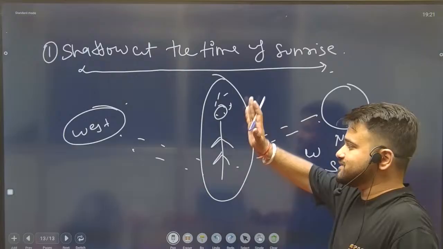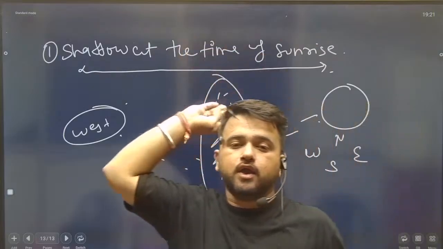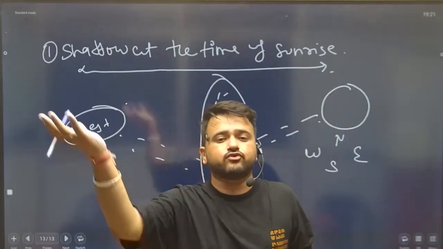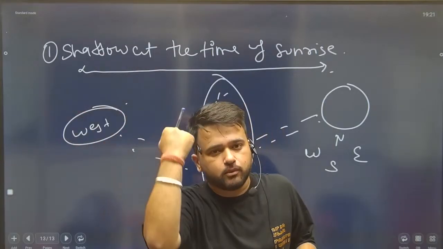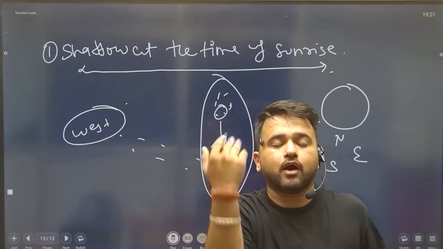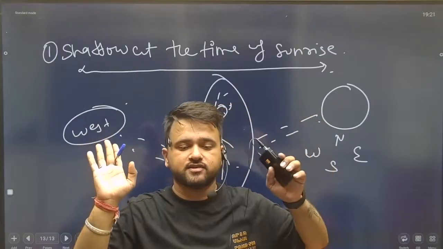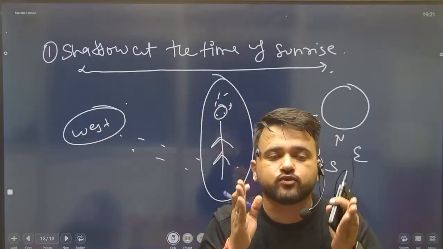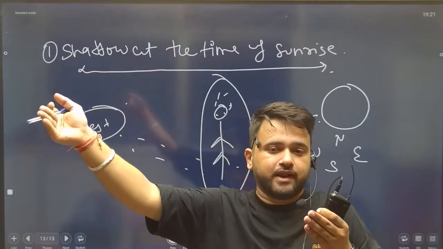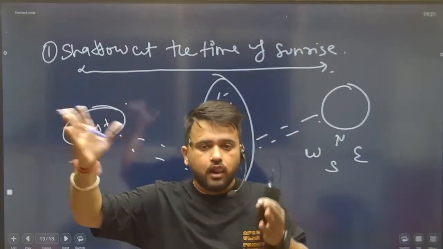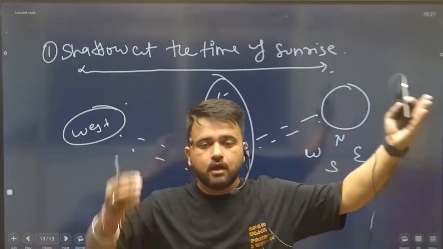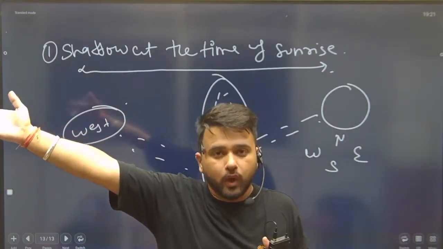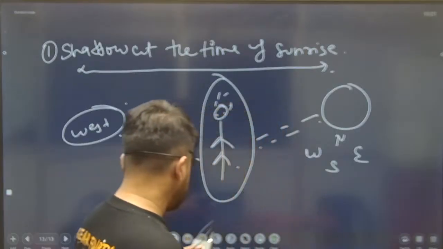Doesn't matter wherever you are, if you are in front of light, whether it is emitted from the sun or from your car's headlight, wherever the light is coming from, the shadow will always form in the opposite direction of that light. Let's suppose it's coming from the east and I'm in the middle, so my shadow will fall towards the west. Getting my point, guys?